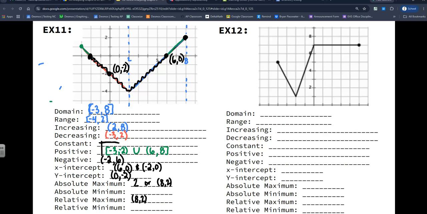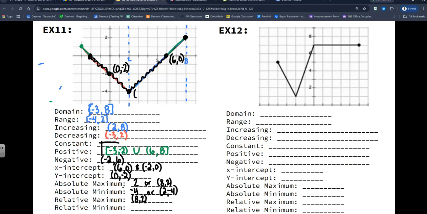Okay, then absolute minimum. Alex, what's our absolute minimum for this one? Absolute minimum is the very lowest point. Yes, very good. So it's right here. You could either just say -4, just give the y coordinate, or you could say 2, -4 for that.